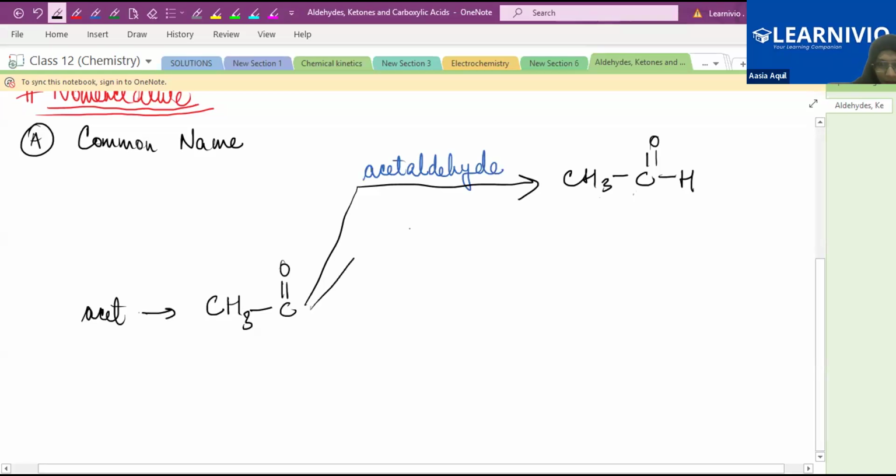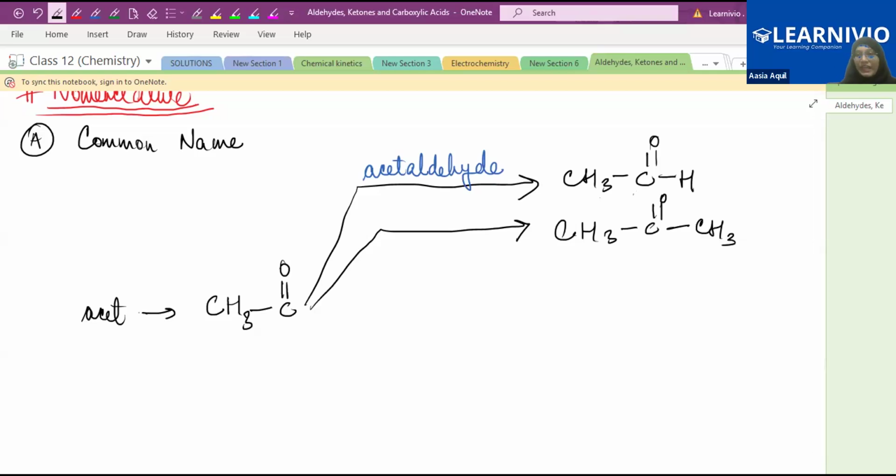Suppose we have some other compound like CH3COCH3. Its IUPAC name is propanone, a 3 carbon chain, 1, 2, and 3 carbon, and this is a ketonic group, carbon and oxygen.